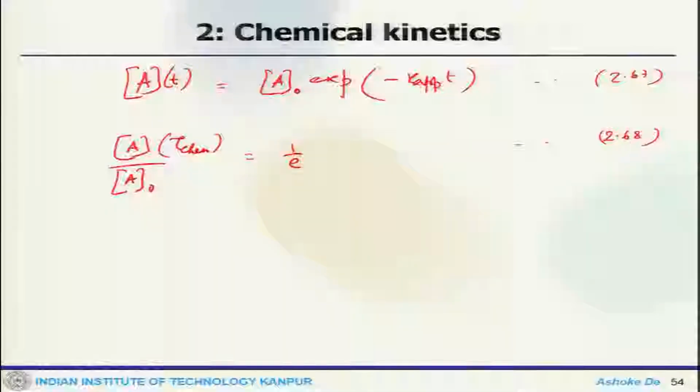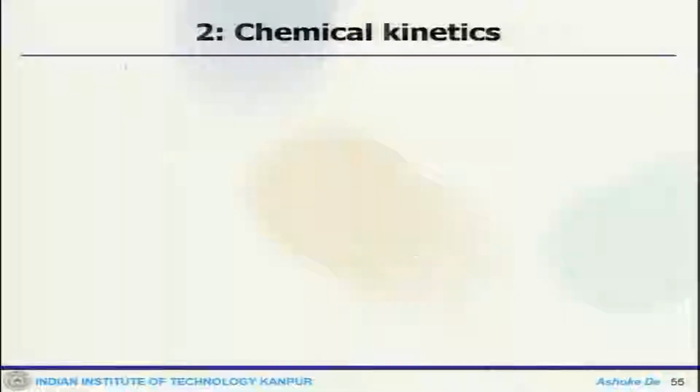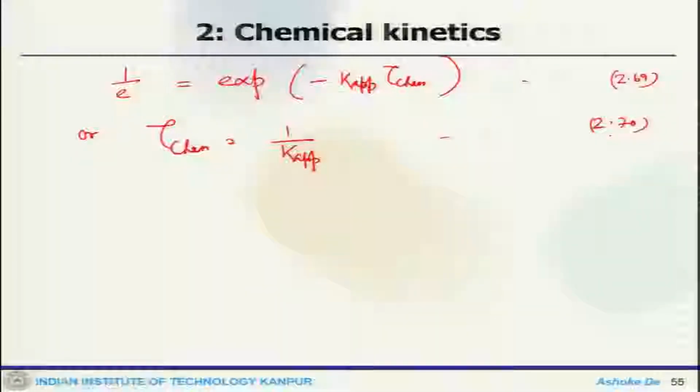Now, once we combine these two, equations 2.67 and 2.68, what we get is 1 by E equals exponential of minus Kf tau chem, which is 2.69, or tau chem is 1 by Kf, which is 2.70.